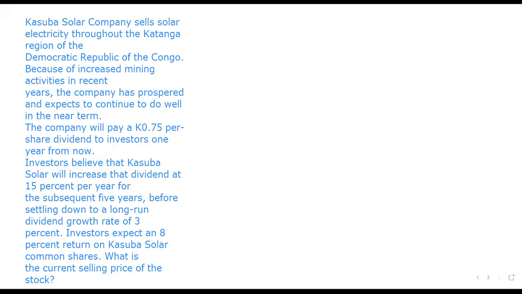Dividend. Be specific. 0.75. Is that D0 or D1? This should be D1 because they're saying a year from now. Okay, and this is D1. We all agree? What else are we given?